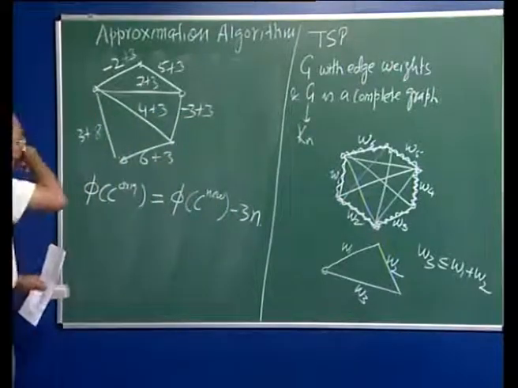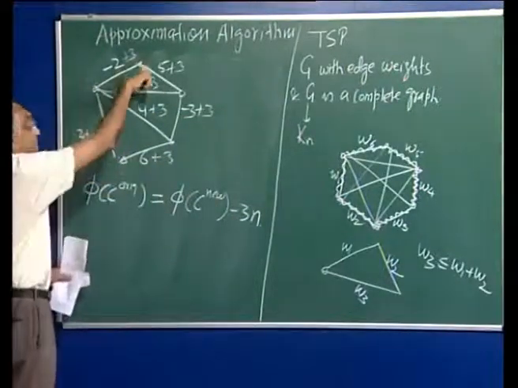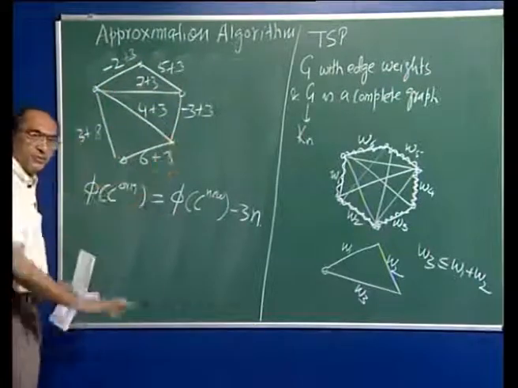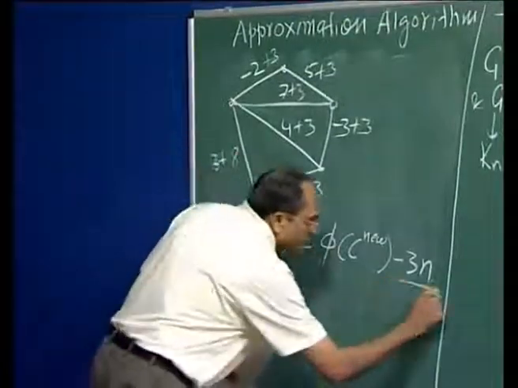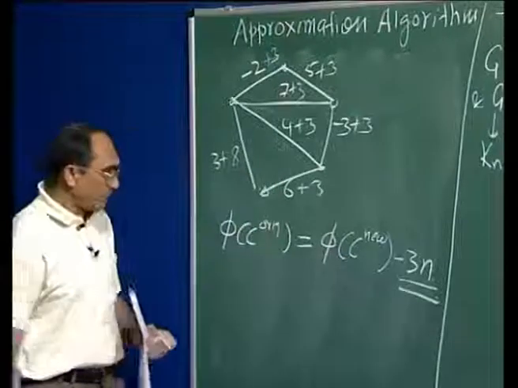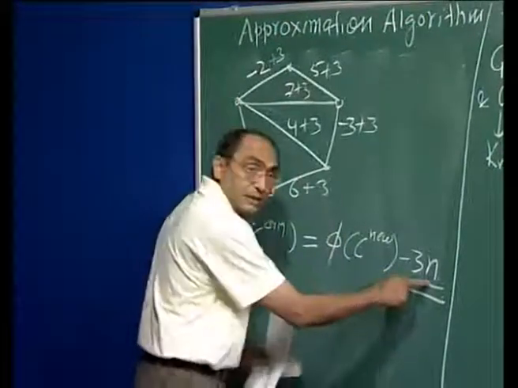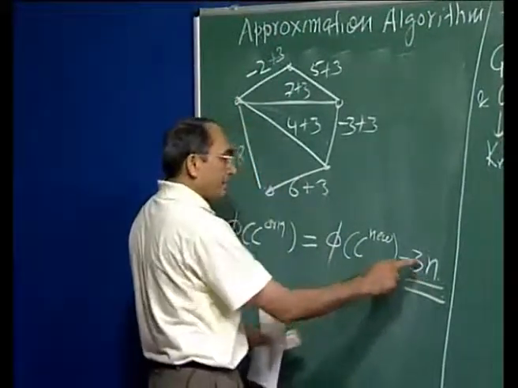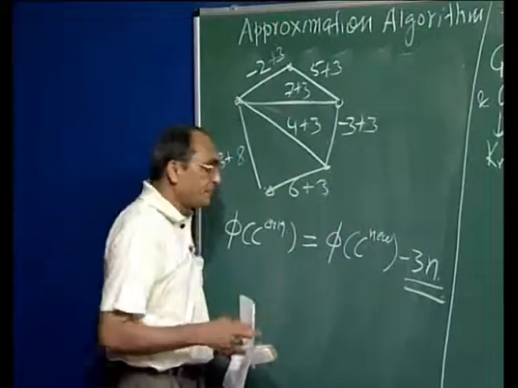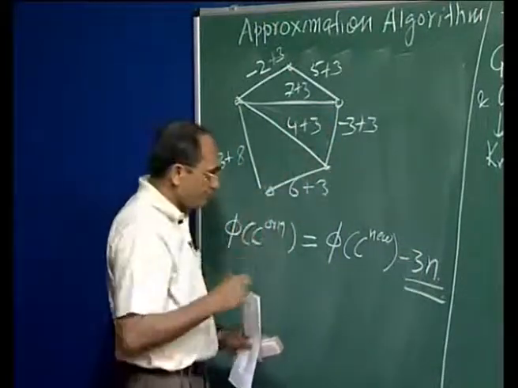In the new we are adding 3 units per edge uniformly. So, this is a constant. So, whatever be this value, n is a constant.